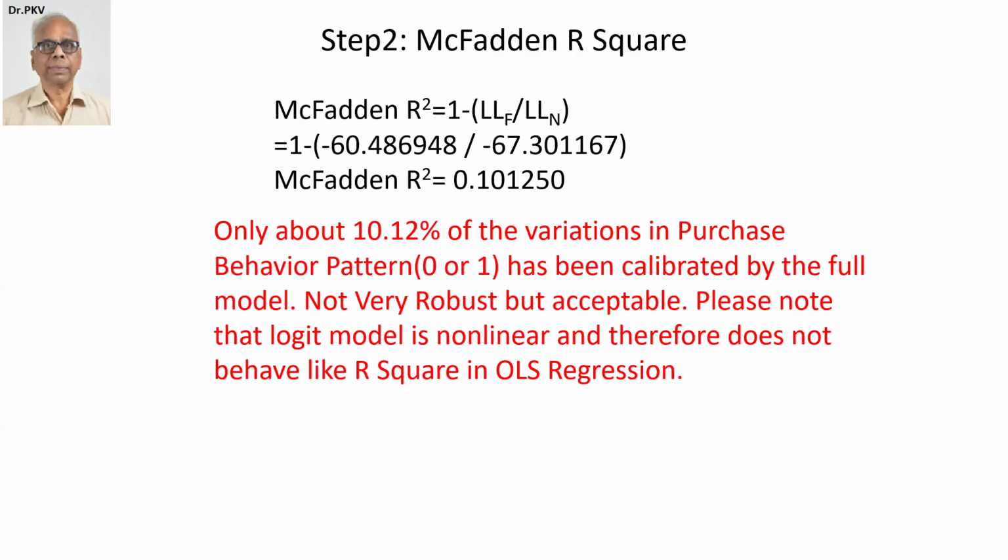And by substituting the values of LLF and LLN, we get, on simplification, McFadden R squared is equal to 0.101250. So this is log likelihood full model. This value is log likelihood null model. We have got it from step 1. You may kindly see the video.